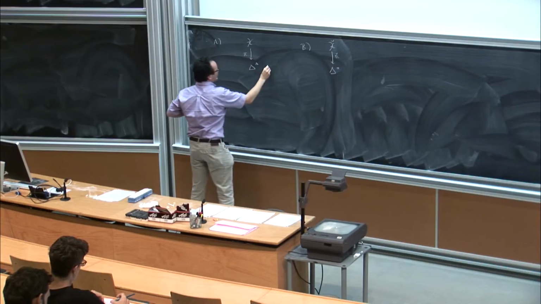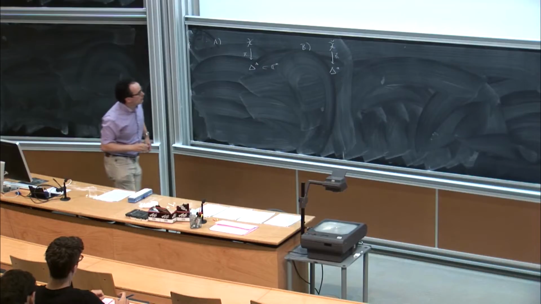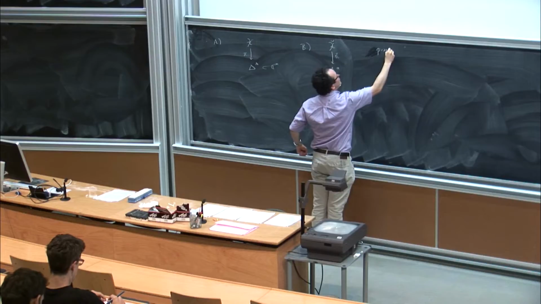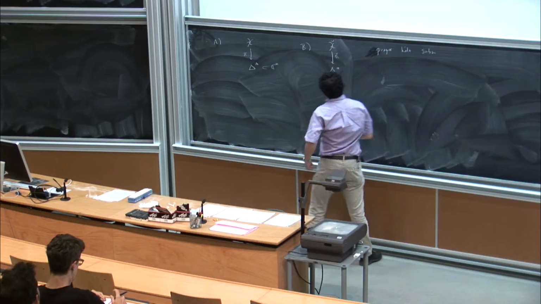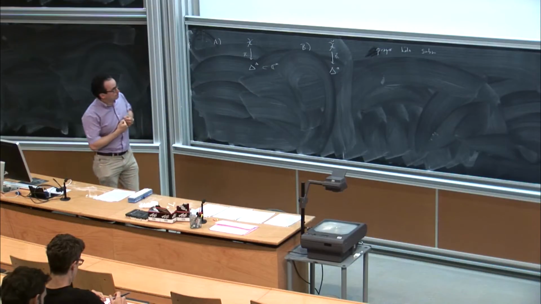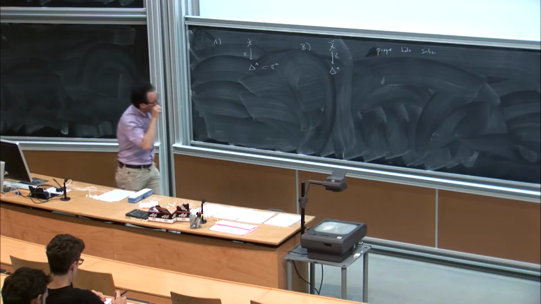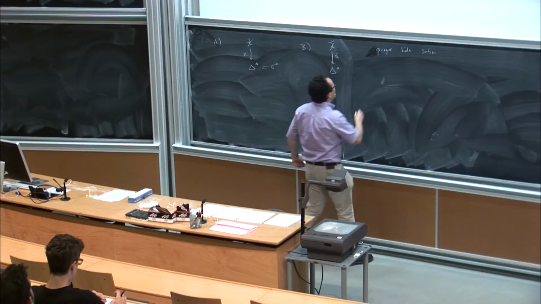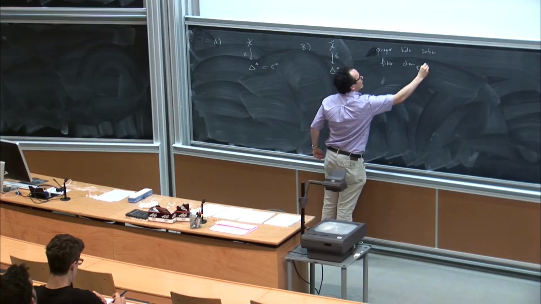Delta star is the punctured disk, and we'll have two proper holomorphic submersions, so smooth families of complex manifolds with fiber dimension n.